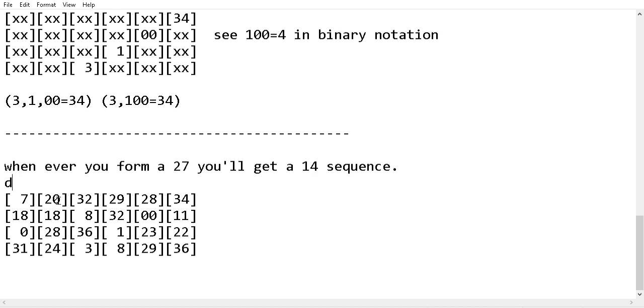It didn't happen here, but whenever you get a 27 like this, it will sequence to a 14 by borrowing a digit from numbers. In other words, you have a 1 here linked to a 0, that's 10, and then it links to a 4. So that's kind of nice to know, because it will always create a 14 in one way or another.